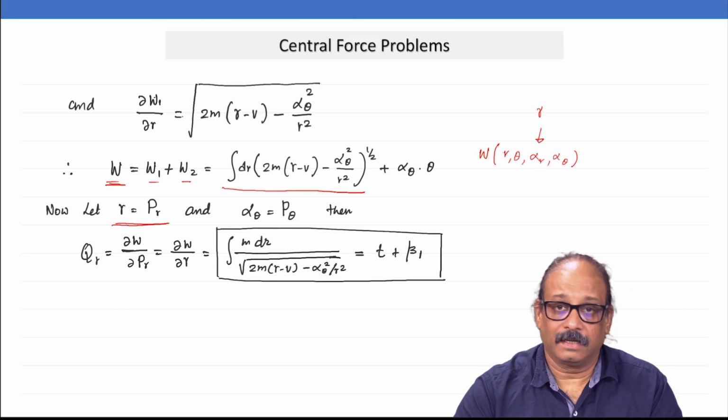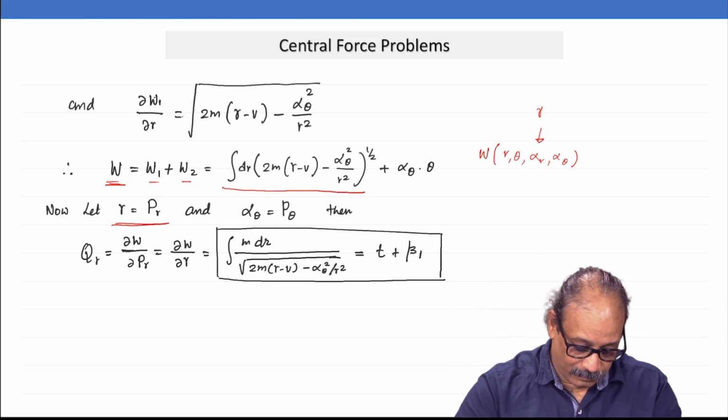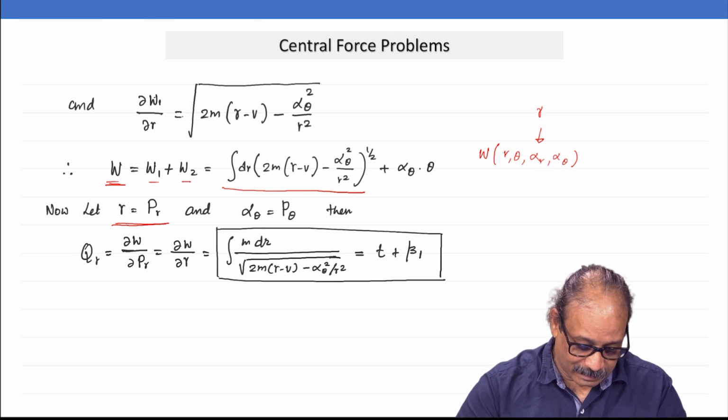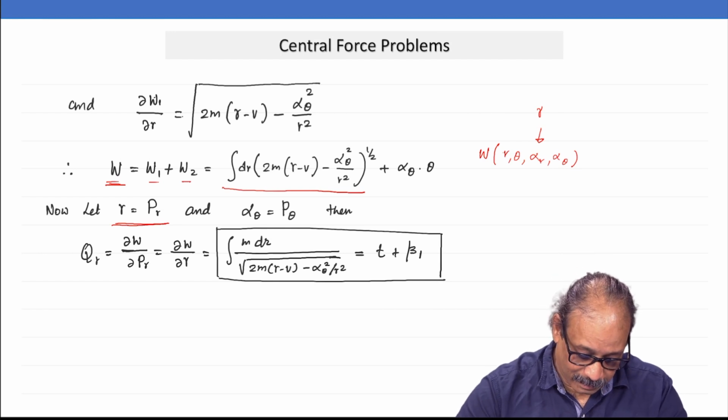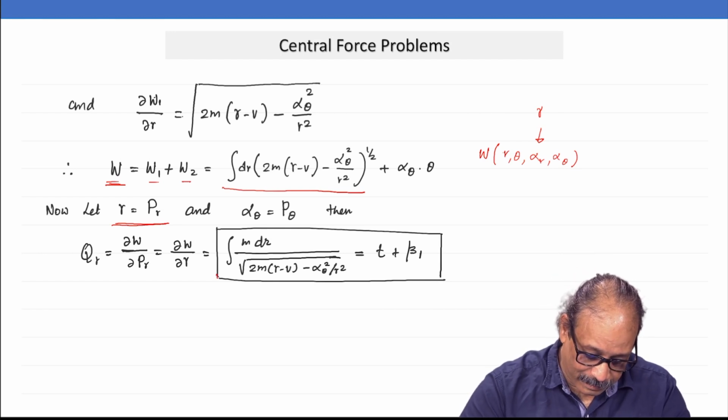your capital Q r, okay, will be equal to del W by del P r, but that is exactly equal to del W by del gamma, because remember we have put that P r to gamma. So, then look, where does the gamma appear? Gamma appears only in this part.